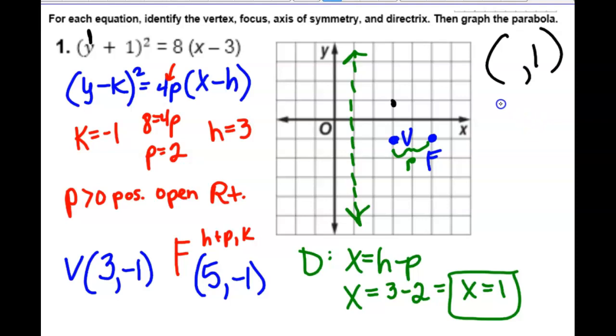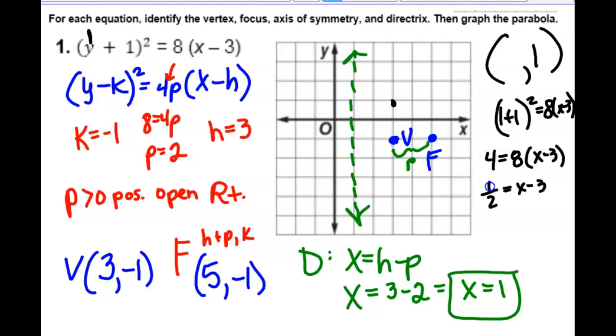Okay, so I'll have 1 plus 1 quantity squared equals 8 times the quantity x minus 3. What's 1 plus 1? 2 squared is 4, so I have 4 equals 8 times x minus 3. What could I do? I can distribute, but I could also do what? Divide by 8 and get 1/2. And then add 3 over there and get what? 3.5.